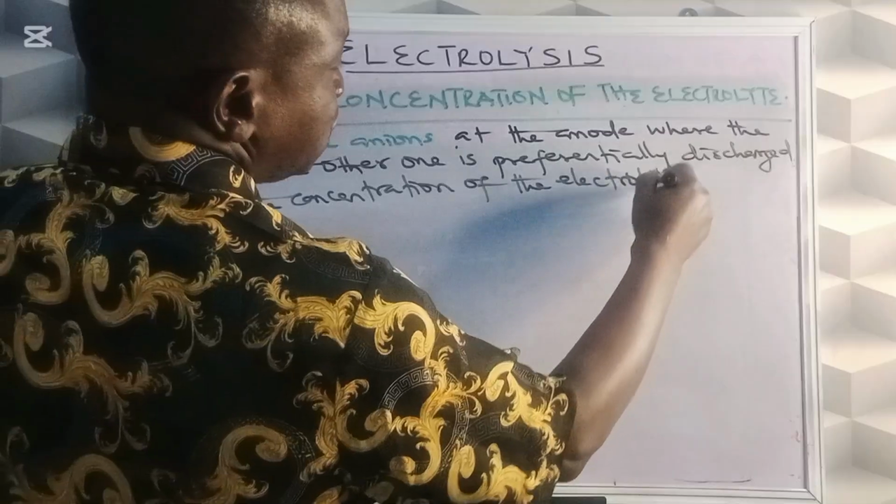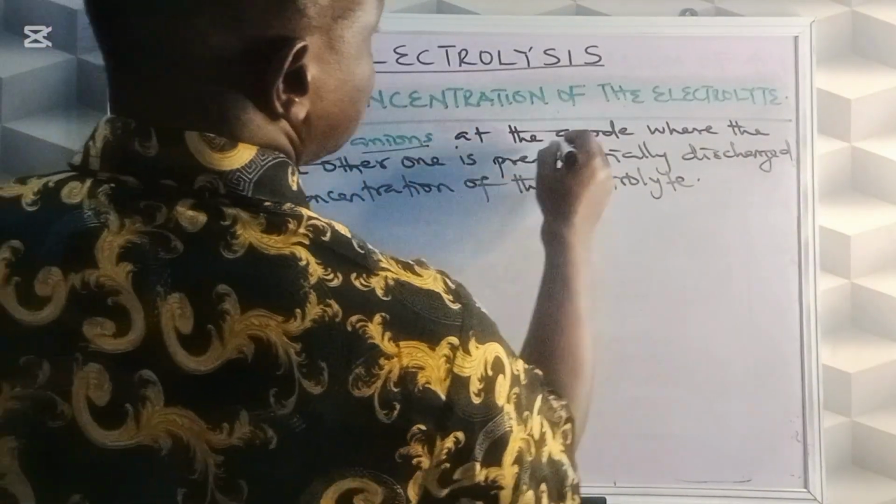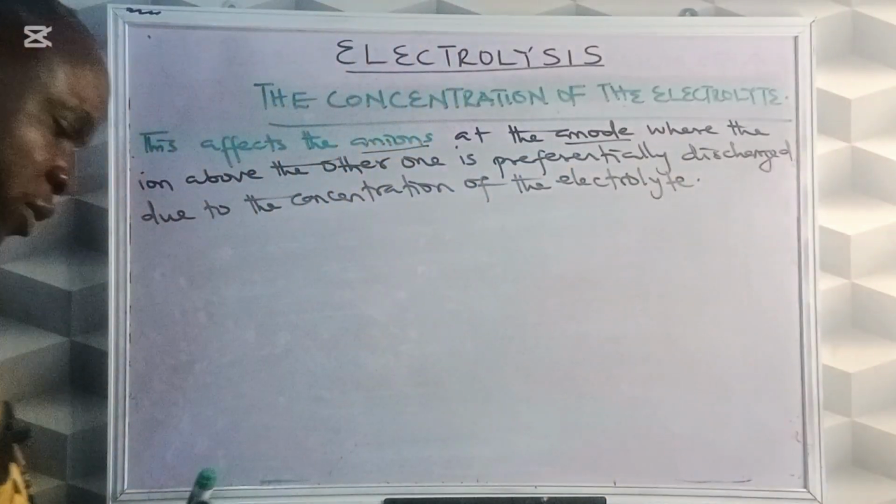We are going to illustrate this with example, so it will affect the anions at the anode.